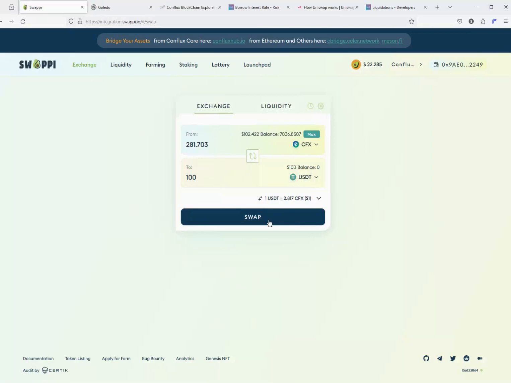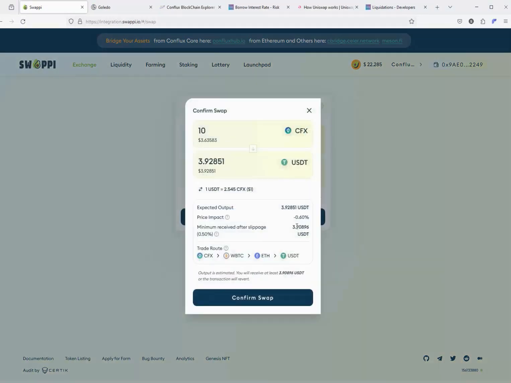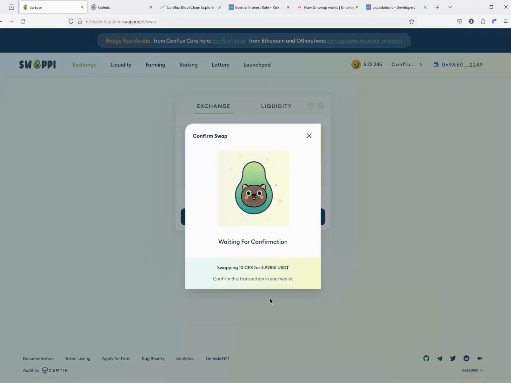Then, for example, I swap 10 CFX, and I will get 3.9 USDT. So I can do the swap. There is a pop-up window for the MetaMask and the Fluent wallet on my screen, you cannot see it.